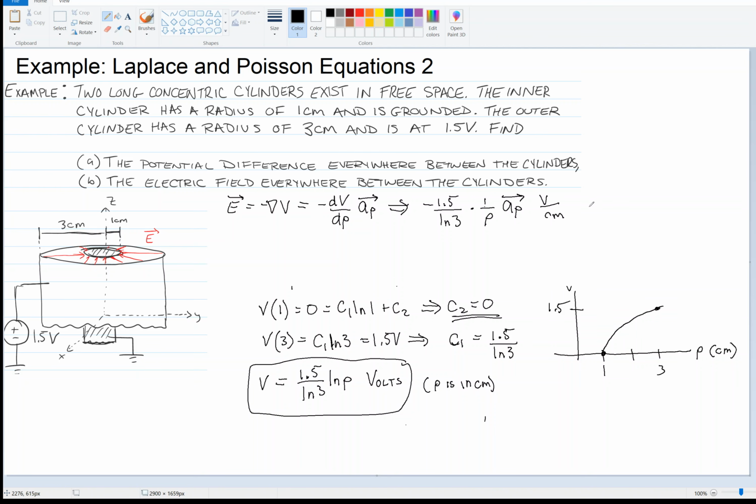So we can change that to negative 150 over the natural log of 3 times 1 over rho in the rho direction, volts per meter. And that is the answer there.